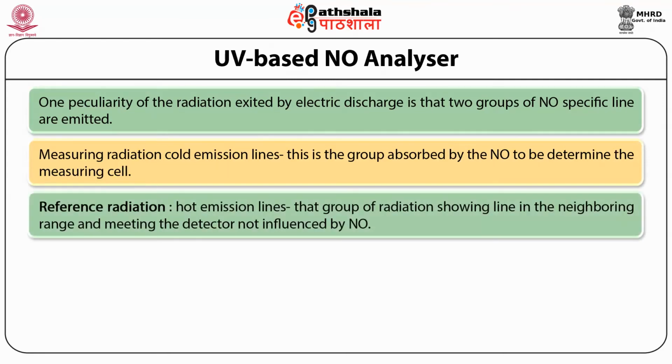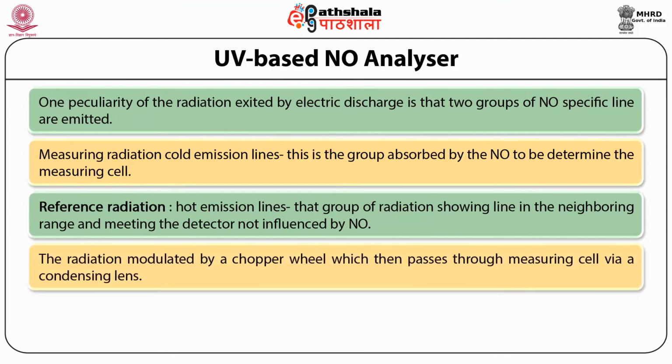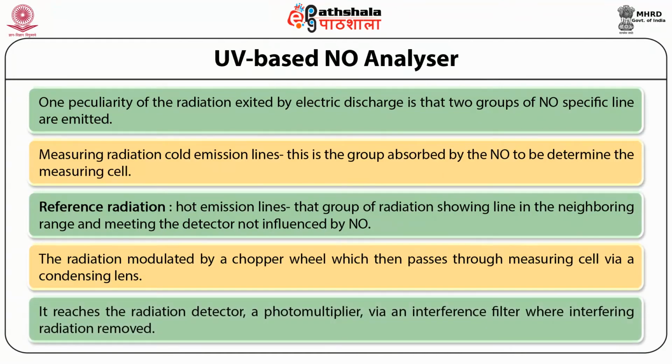The reference radiation is the hot emission lines, that group of radiation showing lines in the neighboring range and reaching the detector not influenced by nitric oxide. The radiation is modulated by a chopper wheel, which then passes through the measuring cell via a condensing lens. It reaches the radiation detector, a photomultiplier, via an interference filter where the interfering radiation is removed.